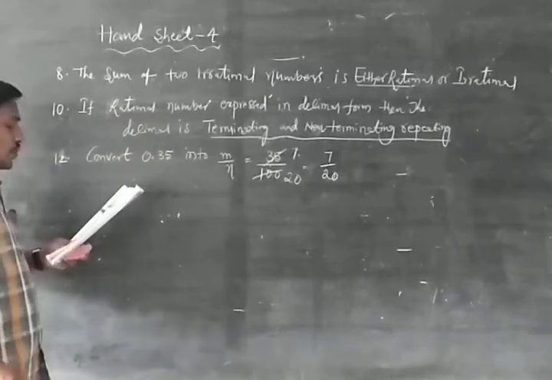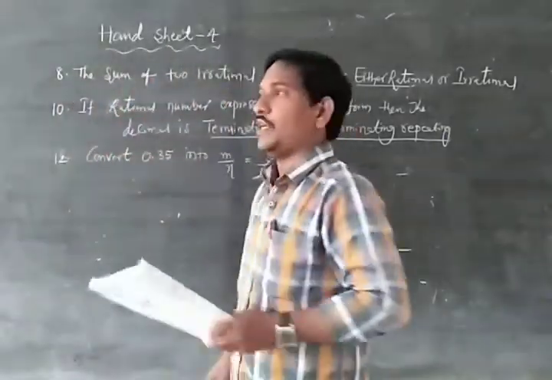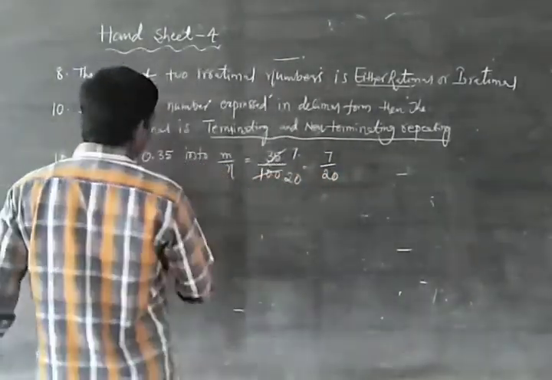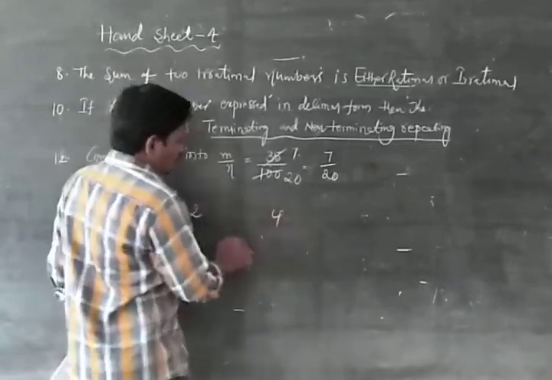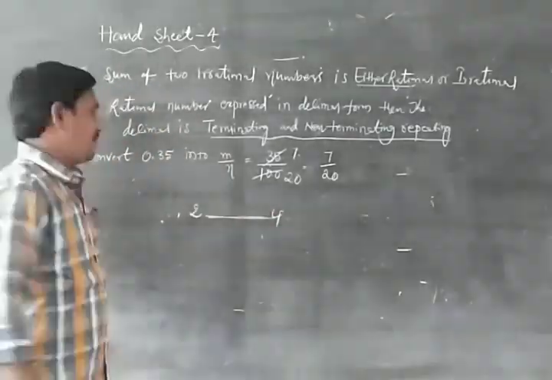Between any two rational numbers there exist infinite rational numbers. For example, between 2 and 4, we can imagine infinite rational numbers.